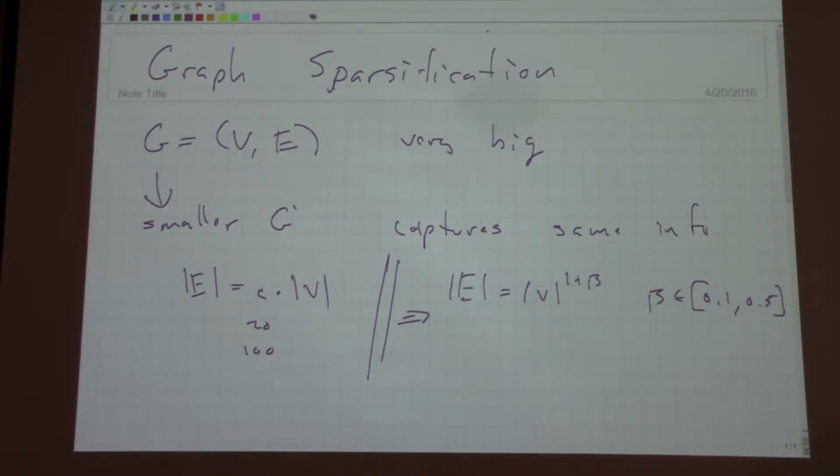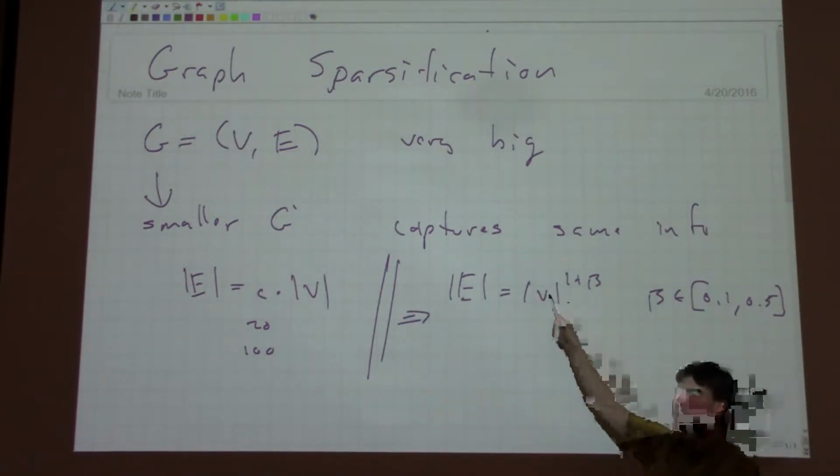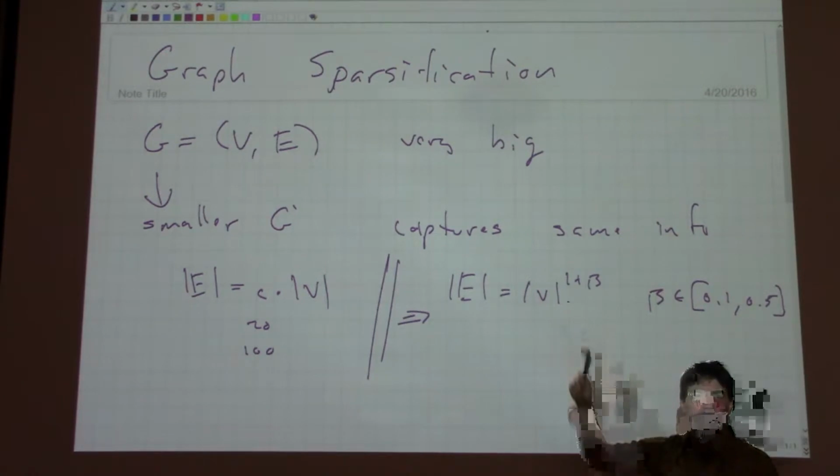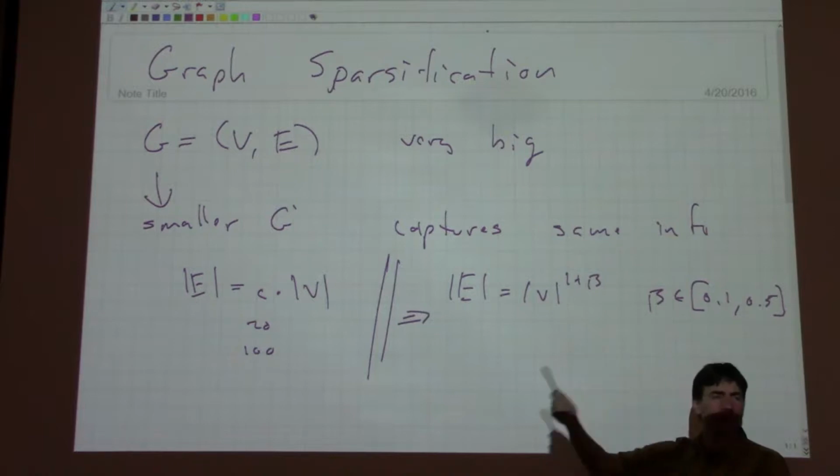Every vertex at least has one edge, but then to some power. Assuming that you don't have multiple edges doing the same thing, this power is at most 2.